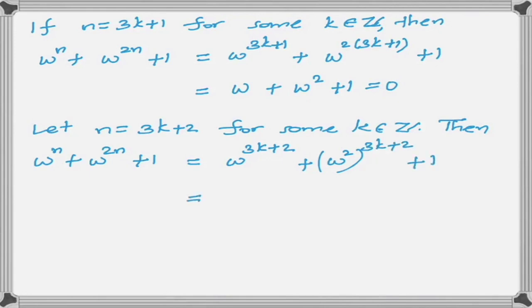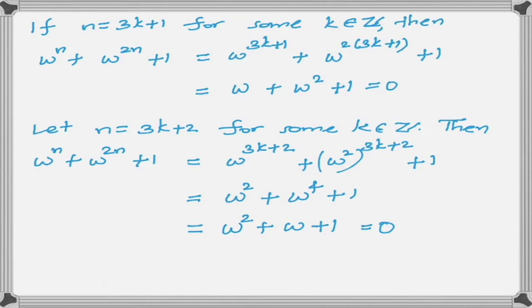Again, since omega to the power 3k is 1 for every integer k, this is equal to omega square plus omega to the power 4 plus 1. But since omega to the power 4 is same as omega, we get that this is equal to omega square plus omega plus 1. Again, as we have seen in the remark before, this is equal to 0. Thus, omega to the power n plus omega to the power 2n plus 1 equals 0 if n is of the form 3k plus 2.